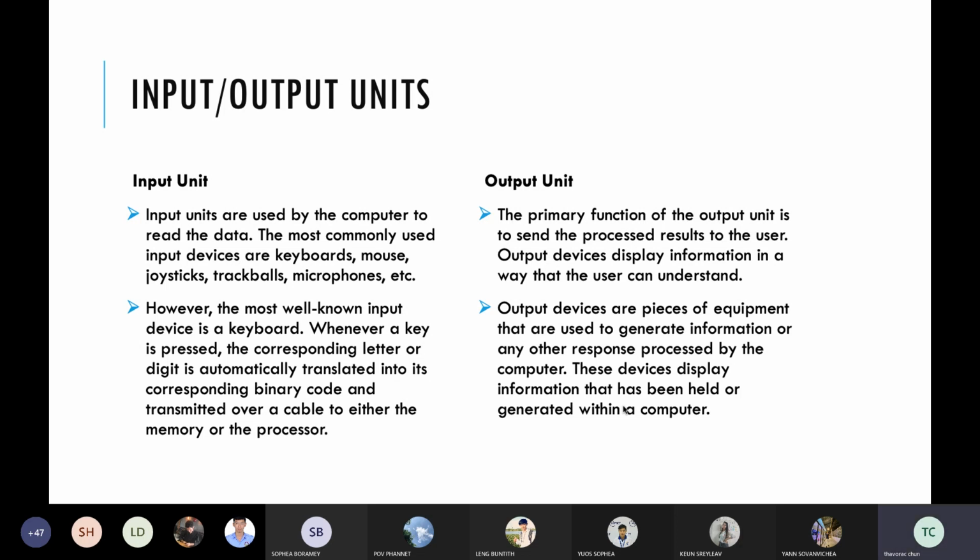For the input-output module, we haven't learned about it, so I just skip it. I just introduce the input and output unit, which is the external device such as a keyboard, mouse, microphone, or maybe output unit can be like monitor, printers. So it's important for the input-output unit.